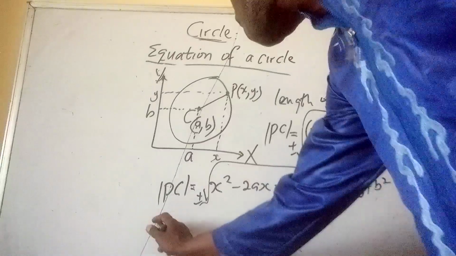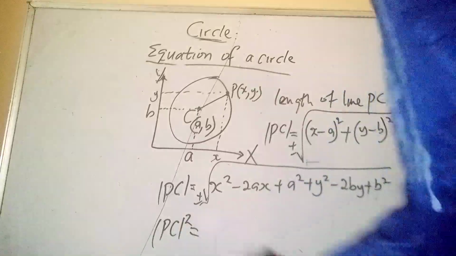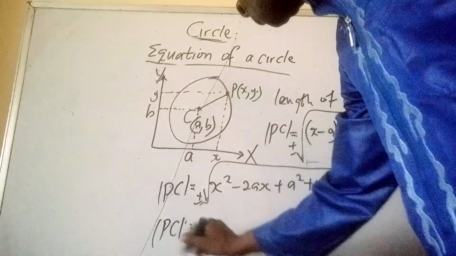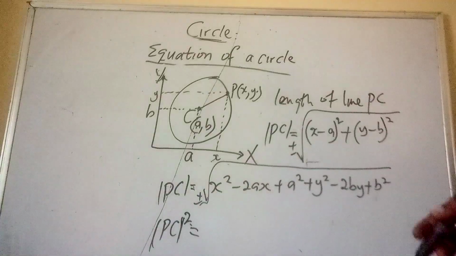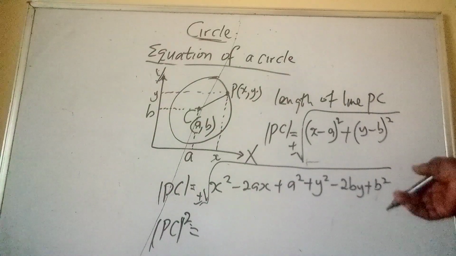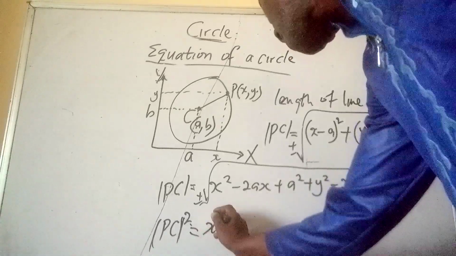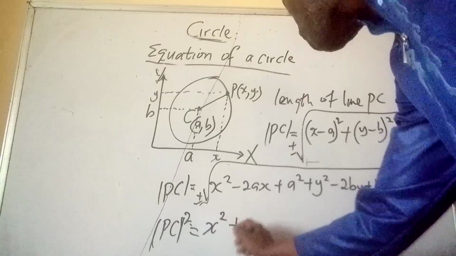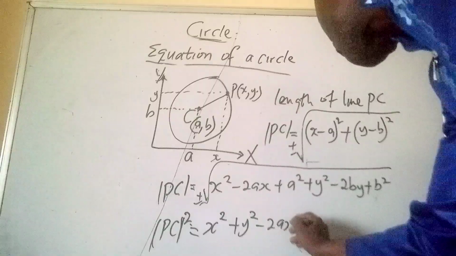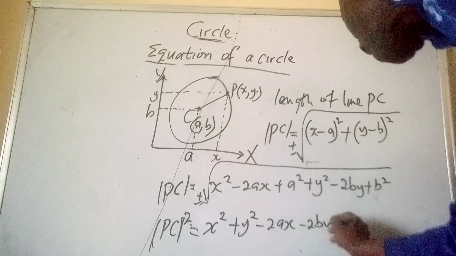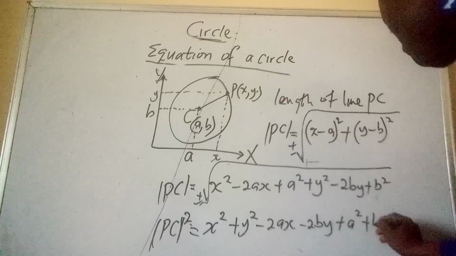That means line PC squared now will be equals to, rearranging, x squared plus y squared minus 2ax minus 2by plus a squared plus b squared.